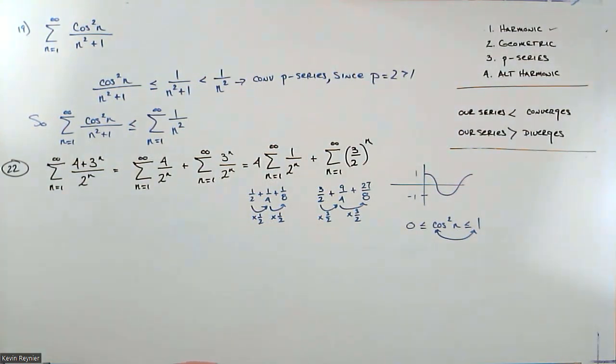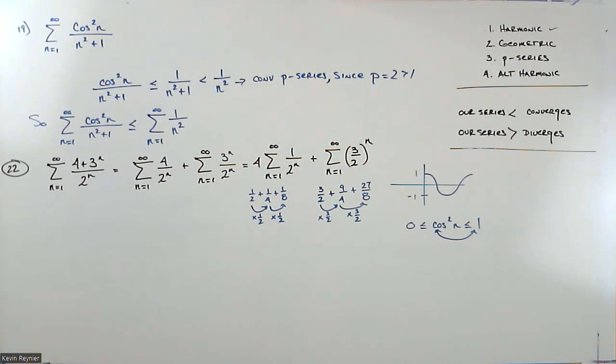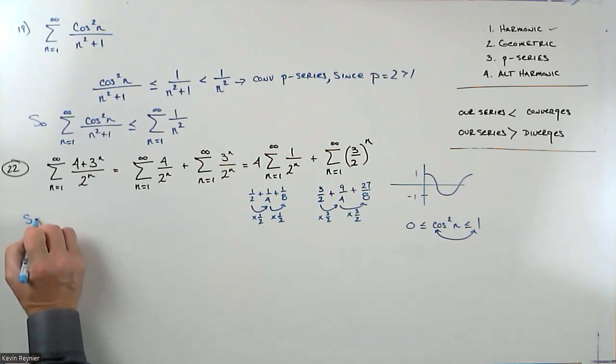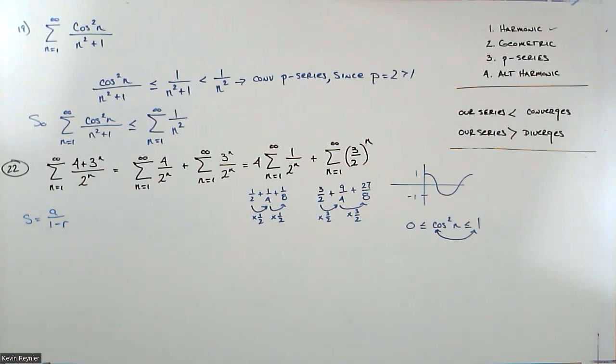So if we look at them individually, let's just consider them individually. If they both converge, then we converge. If one of them diverges, we're done, right? So let's take a look at the first one. We know the sum is equal to a over 1 minus r, right? When r is what, though?